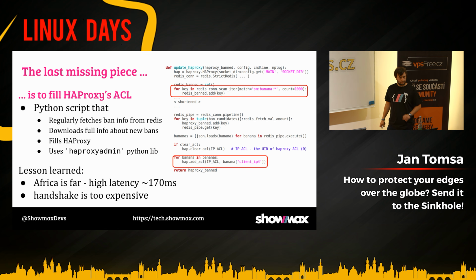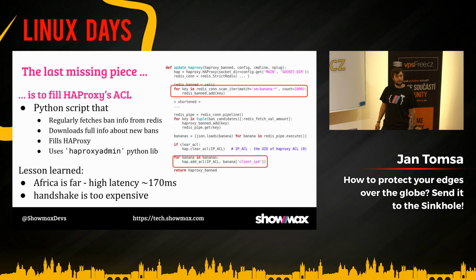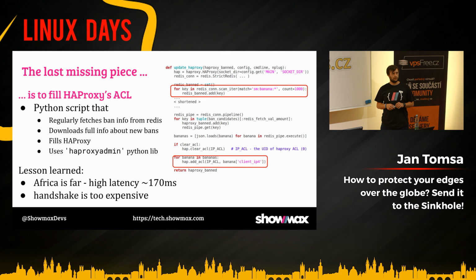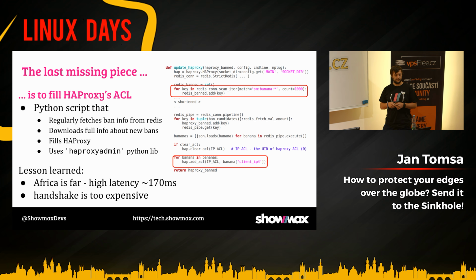So if you paid good attention, you know that there is only one last piece missing to solve this puzzle, and that is that we need to fill the HAProxy's ACLs. For that, we designed a short Python script that regularly fetches information about bans from Redis, compares the list to the currently banned IPs, downloads only the updates, and fills the HAProxy.